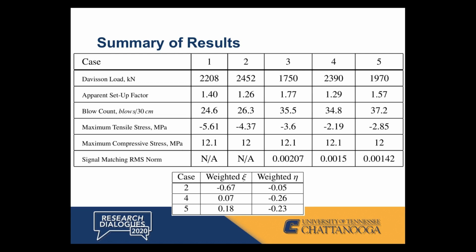For eta, the inverse methods indicated a softer or looser soil than the forward method indicated, or than just looking at the soil data would indicate. And that, of course, was borne out to some extent with the results we got with the Davisson mode.